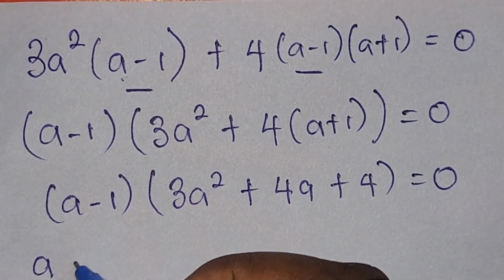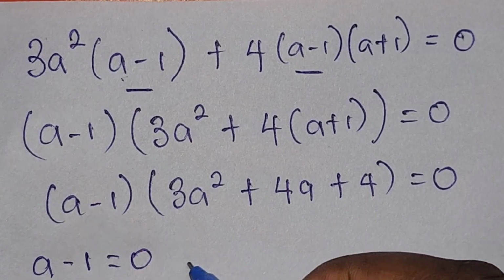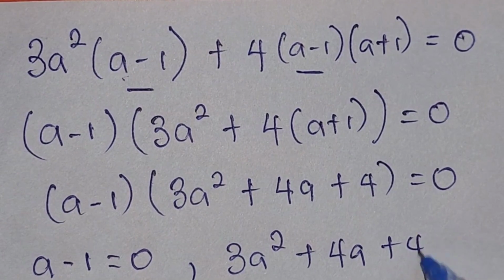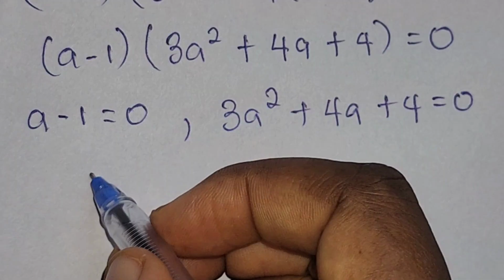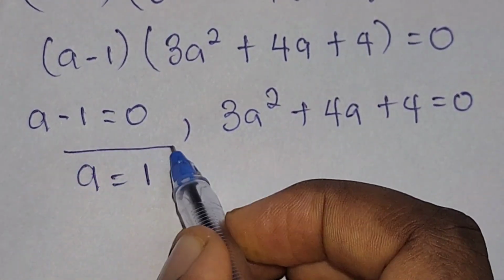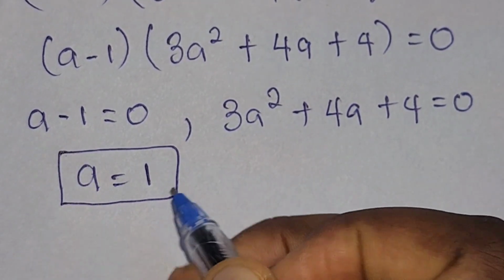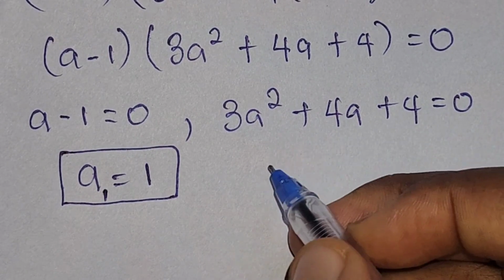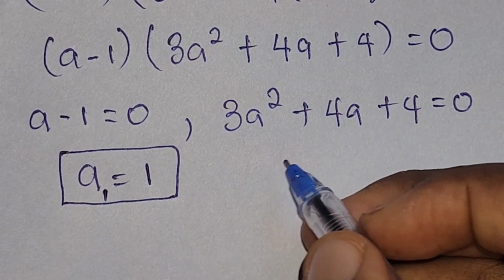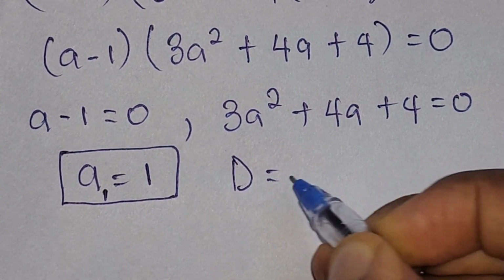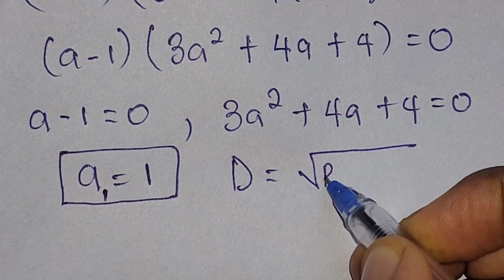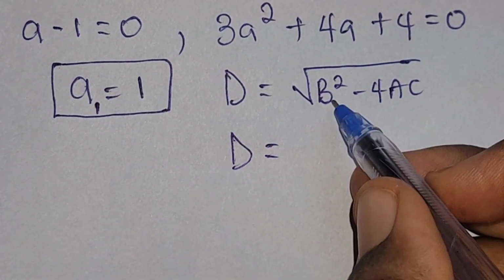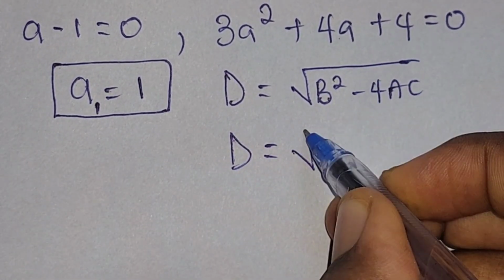So this simply means that a minus 1 is equal to 0, and 3a squared plus 4a plus 4 is equal to 0. So we have a equal to 1. So we've gotten the first value of a. From here, let's check if our discriminant will give us a complex number. We have D equal to the square root of b squared minus 4ac. Our b is 4.